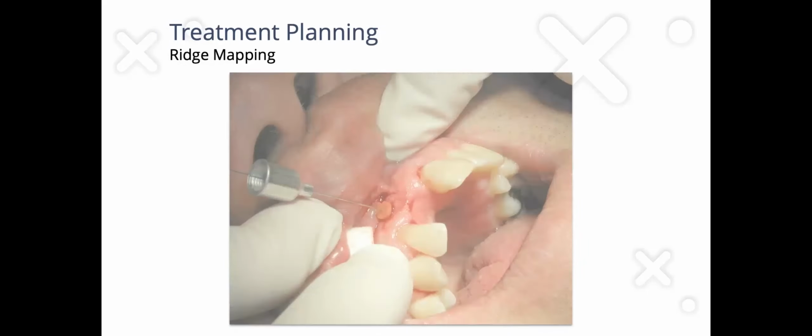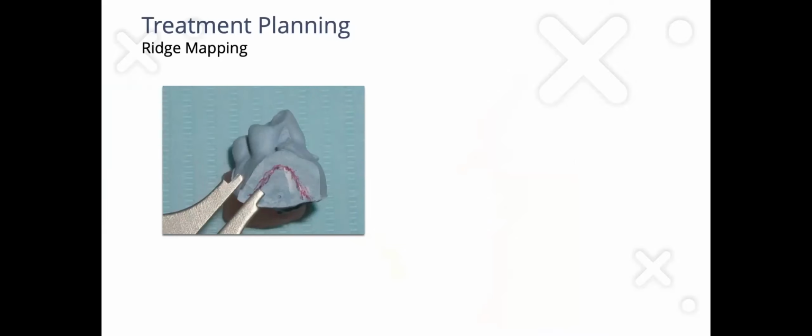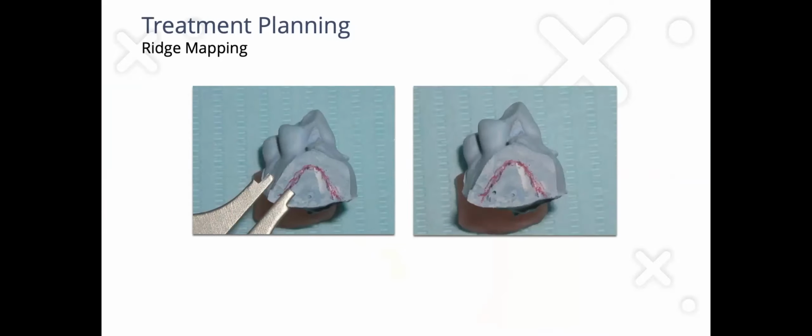You take your needle and numb up the patient, find the width of tissue that you have, and then you take your study models and map your gingiva, and then you'll have some idea of the width of bone that you have to work with. Now, just bear in mind that it does not tell you the quality of the bone or whether there are any defects within the ridge.